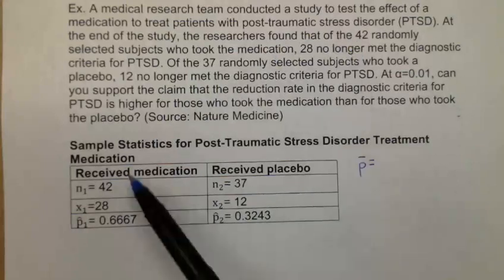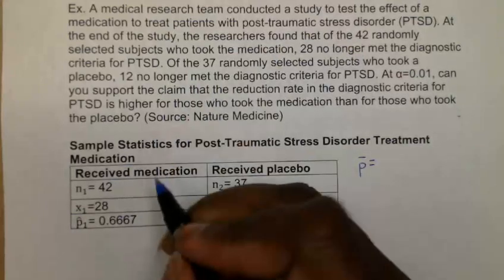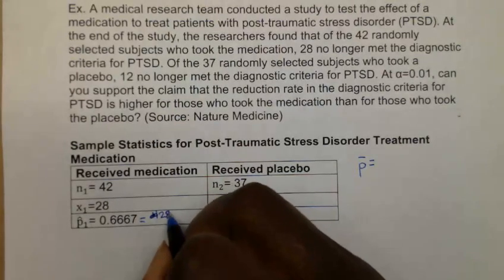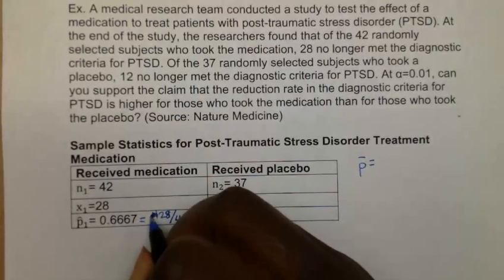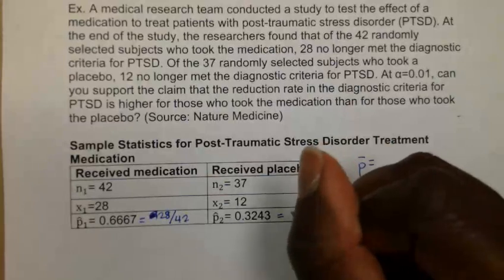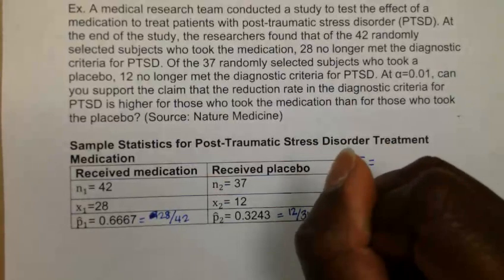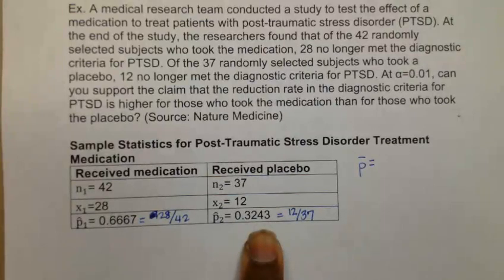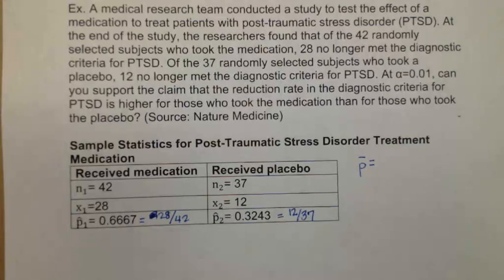To calculate P hat, you divide X by N. So that's how you got those P hats, just in case they didn't give it to you. In the first problem they gave us the P hats. The second problem they gave us the X's.